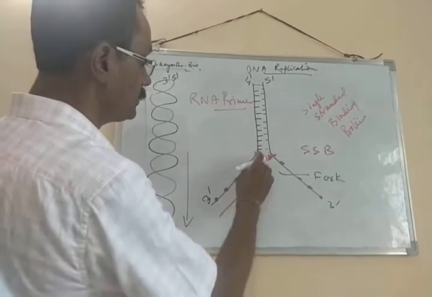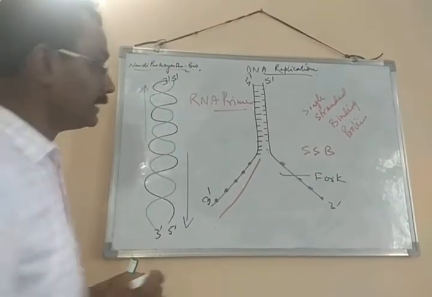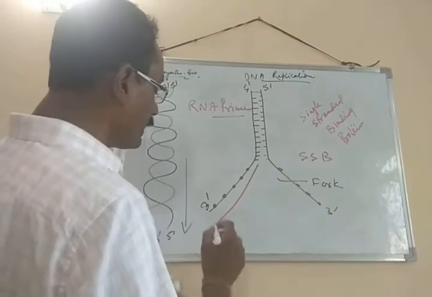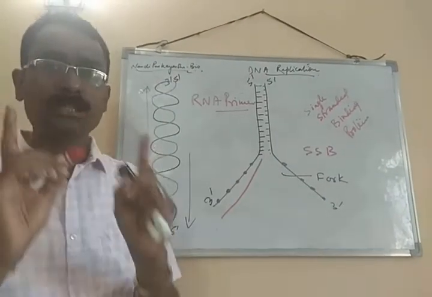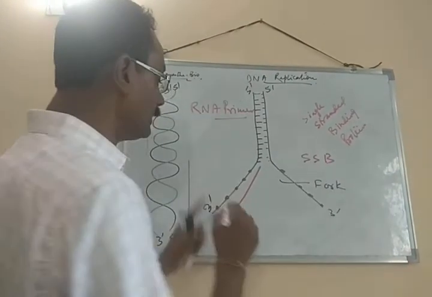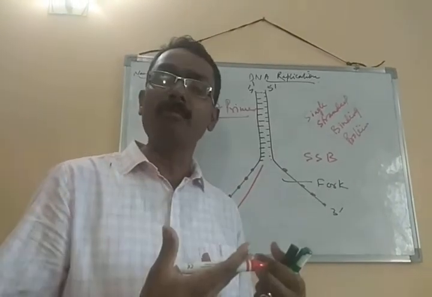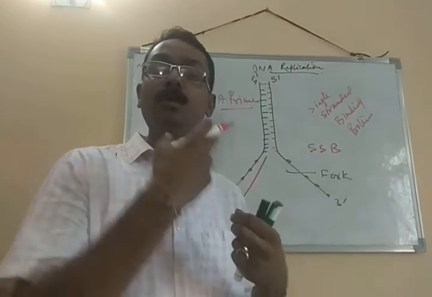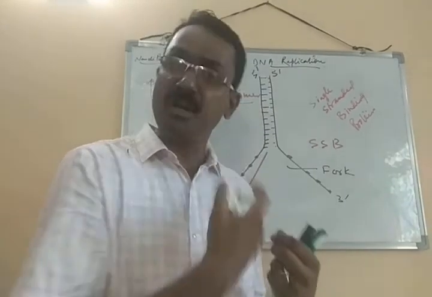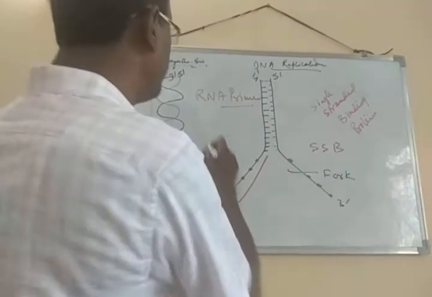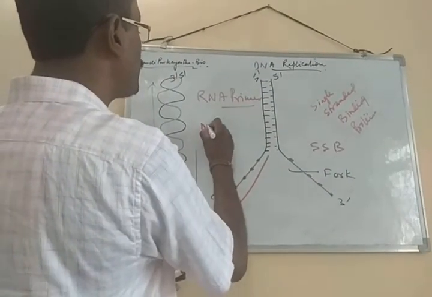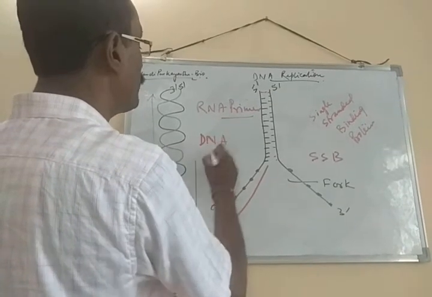The RNA primer will be coming and sitting here. Now, in that case, how is the RNA primer produced? It is produced from RNA with the help of the primase enzyme. Then we find another most important enzyme called DNA polymerase.